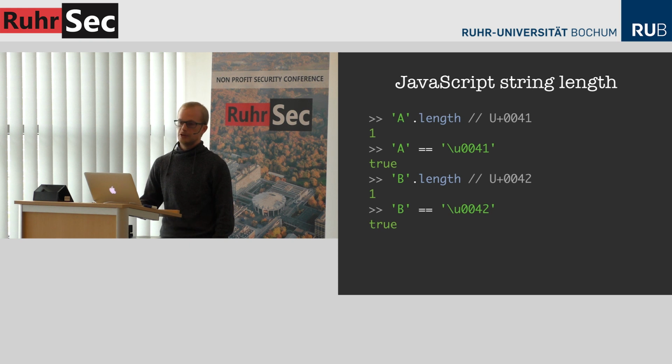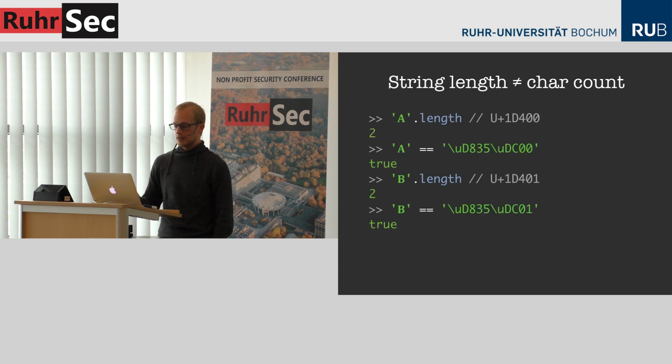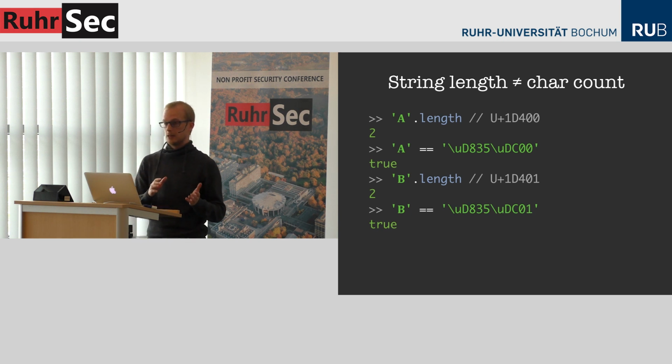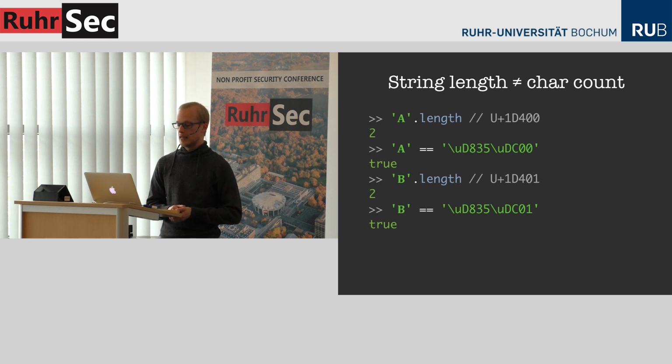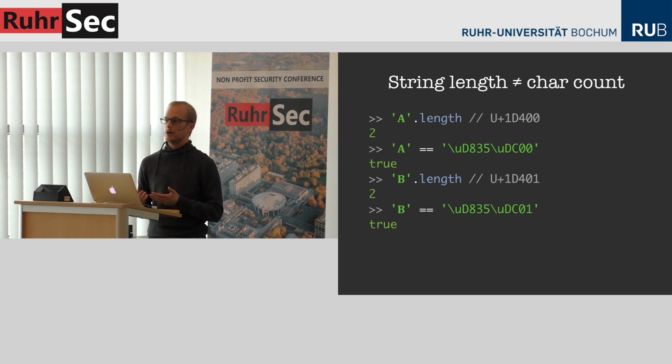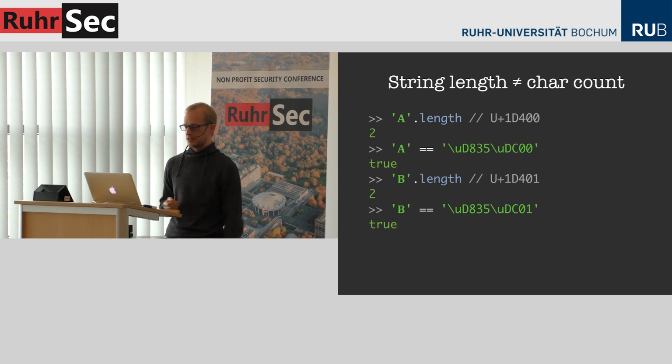So let's try some other Unicode characters. Here we're using the mathematical bold capital letter A, which is a different symbol, so it gets its own code point, and in this case it happens to be an astral code point. And as a result, the length of this string now is 2 instead of 1, even though there's only a single symbol there. And the reason for that is because JavaScript apparently exposes each half of the surrogate pair as if it was a separate character, even though it's really not.